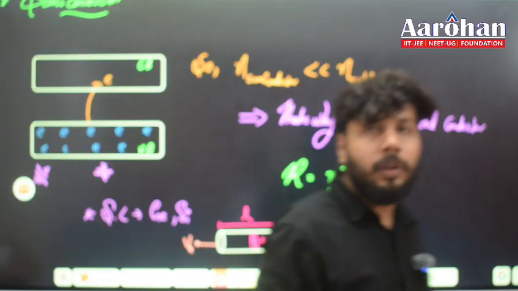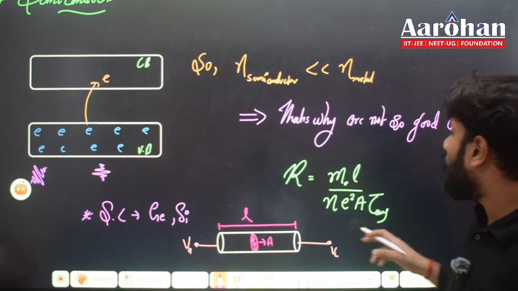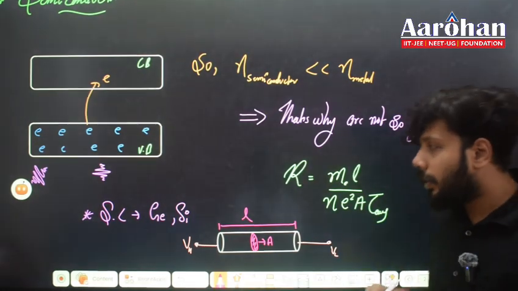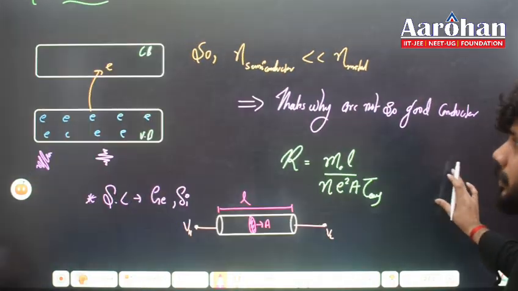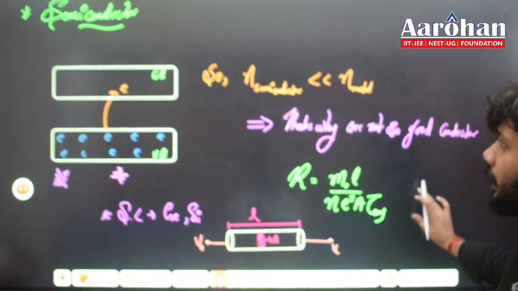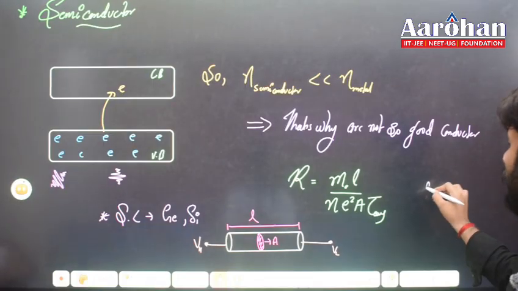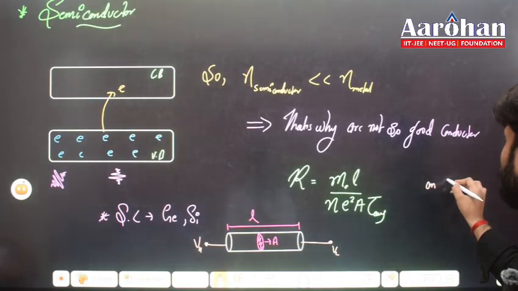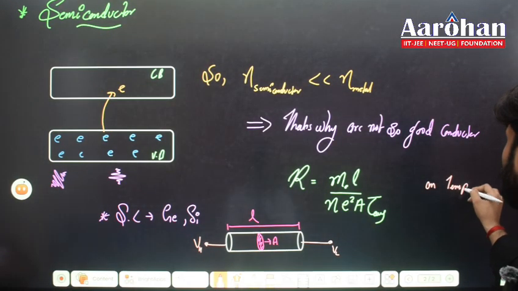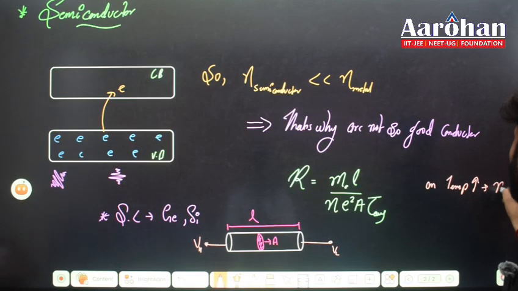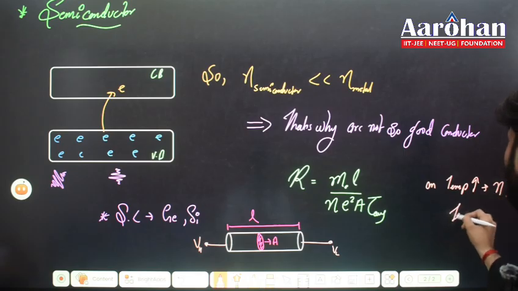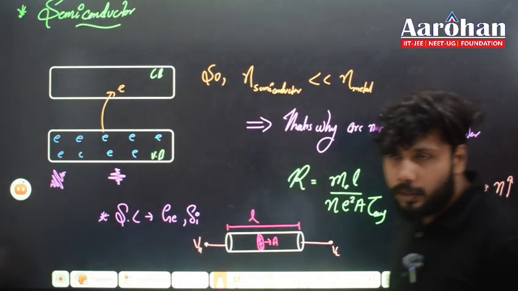The only factors that change are the free electron density and tau average. So what happens here for semiconductor? Again, on increasing temperature, your N increases, but on increasing temperature your tau decreases. Same theory applies, nothing fancy here.